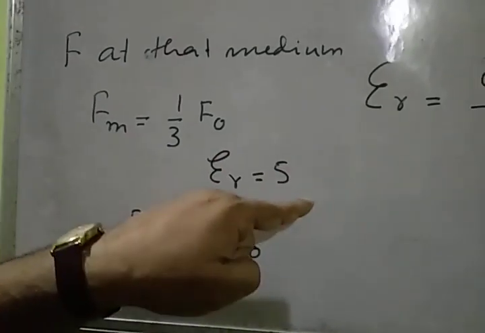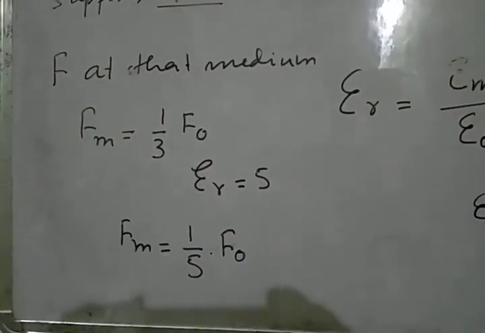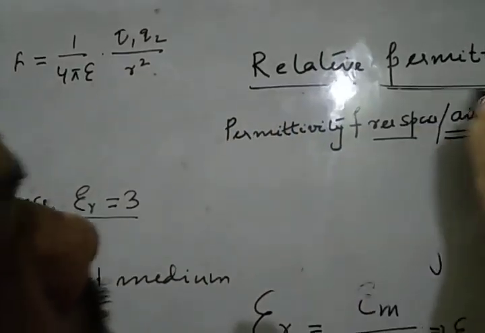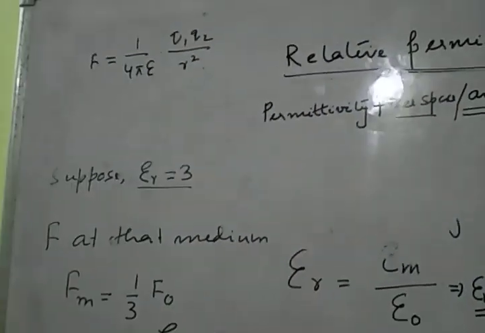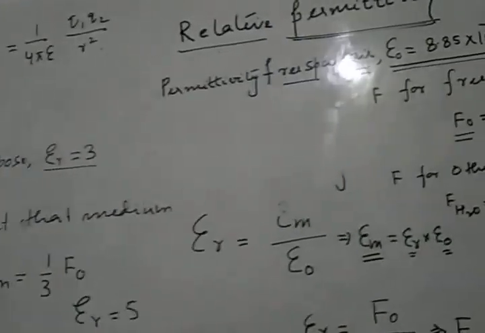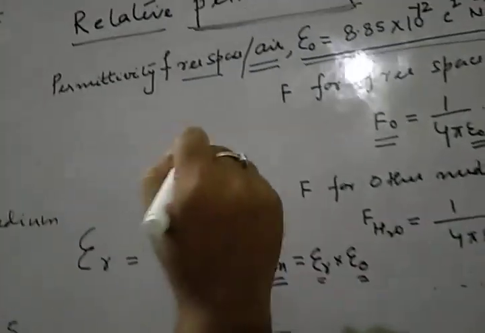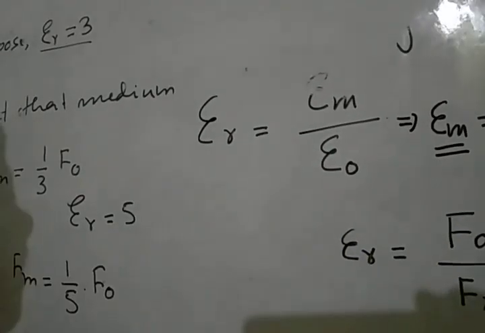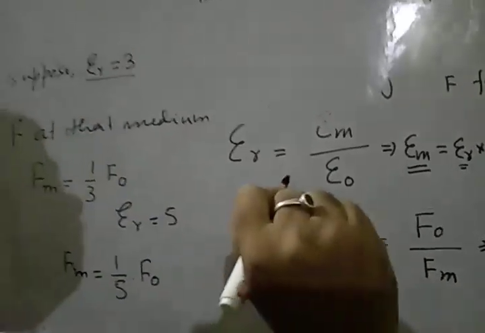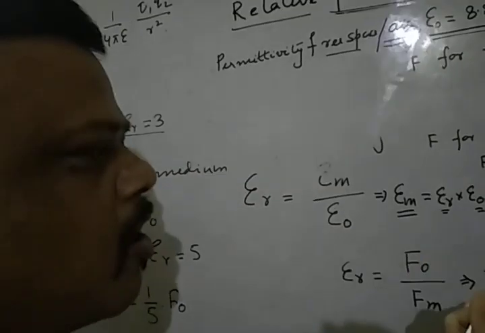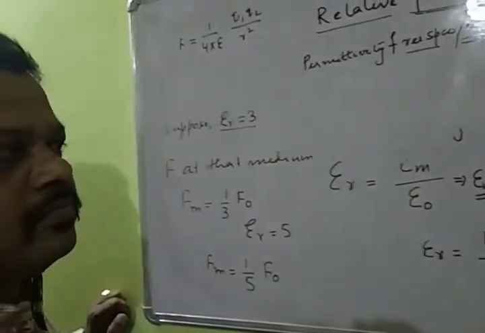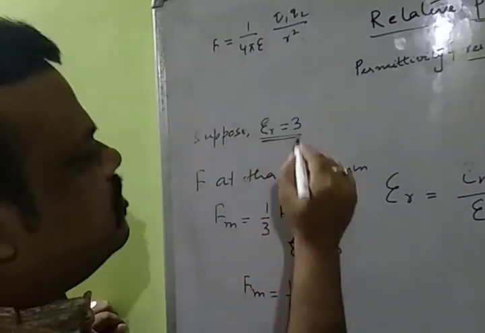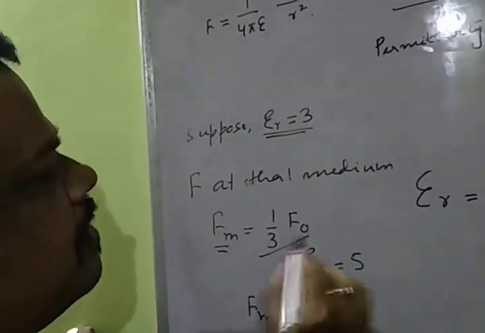So here a new definition is coming up. What is the new definition? Relative permittivity denotes how many times the force is decreased compared to the electrostatic force in free space or air. When this is 3, the force is 1/3 of F naught.